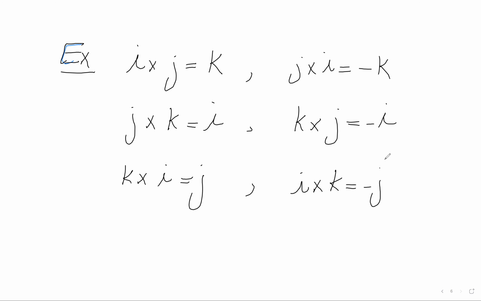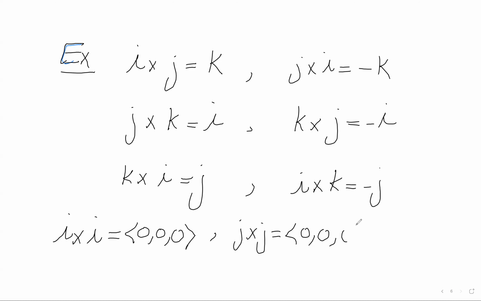One interesting thing in this regard is i cross itself is going to be the 0 vector. It will be 0, 0, 0. j cross j is also the zero vector, 0, 0, 0. And k cross k is also 0, 0, 0.